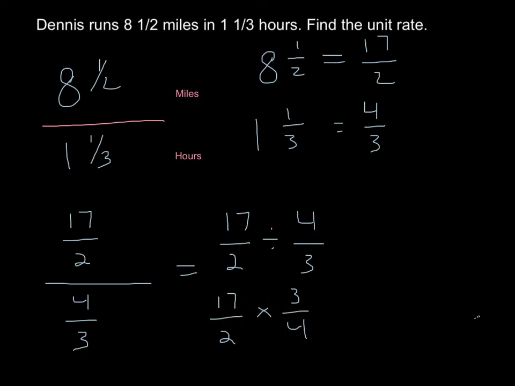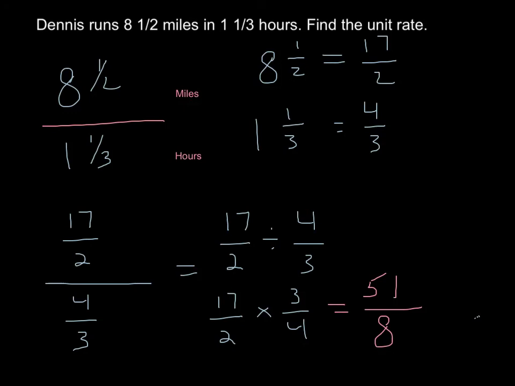So I'm good just to multiply straight across. Okay. And when I do my multiplication, 17 times 3 is 51. 2 times 4 is 8. Okay, so the answer would be 51 over 8. 51 over 8 miles per hour.